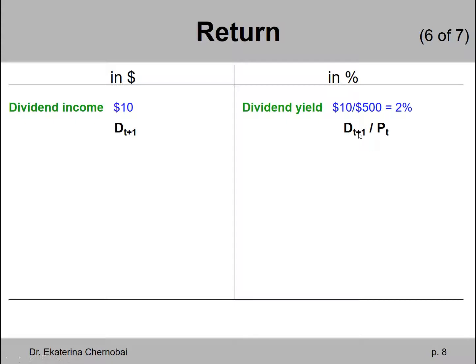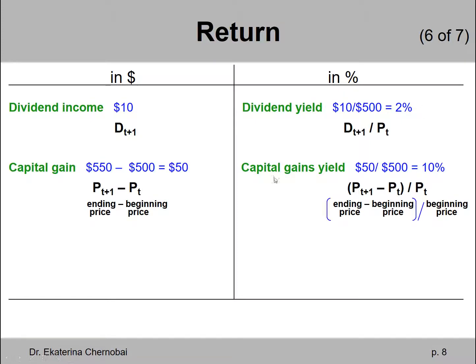That's D T plus 1 divided by P subscript T. So 2% is interpreted as the return on your investment coming just from the dividend paid to you, right? So the dividend paid to you is an extra income to you. And relative to how much you spend to buy the shares of stock, that's a 2% financial gain.